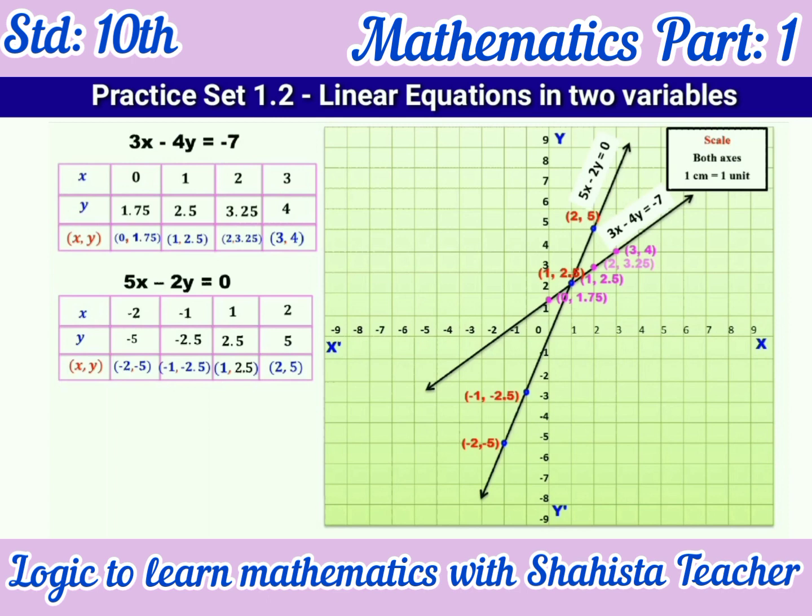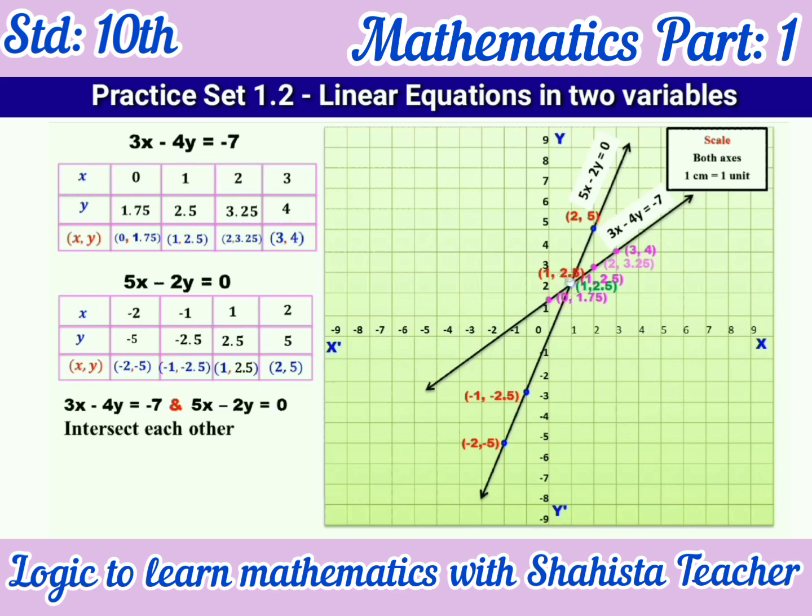Now the intersection point. See, the intersection point is 1 comma 2.5. Yes, so this is the intersection point, 1 comma 2.5. See the green color, I have typed here 1 comma 2.5.